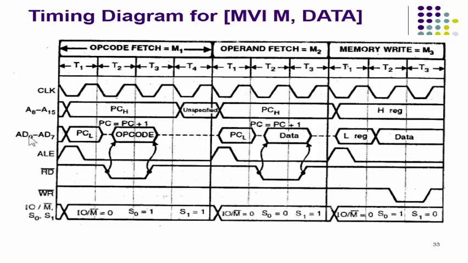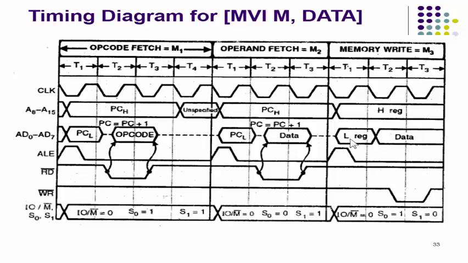For writing the data in the memory, the HL register pair holds the memory address. That's why the L register content is placed on AD0 to AD7 and the H register contents are placed on A8 to A15. Again, the short duration ALE pulse goes high in the T1 T state to demultiplex A0 to A7 from D0 to D7.